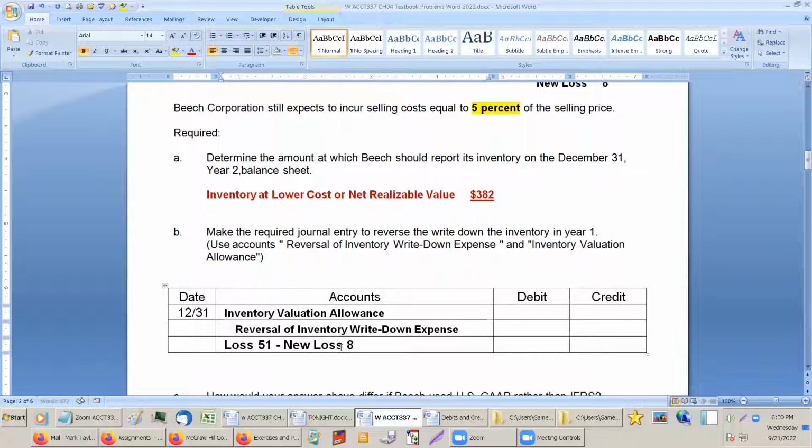So the old loss was 51, the new loss is 8. So we had to reverse out 43 of it. So this would come back as a reversal of write-down expense. This would be sort of like a gain.